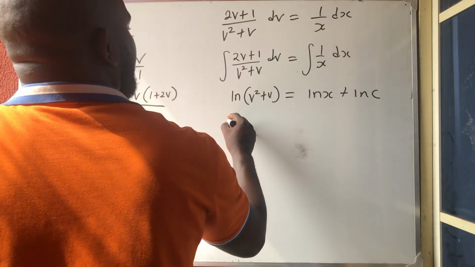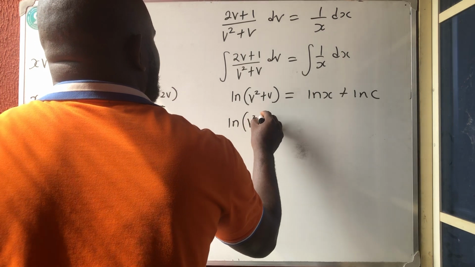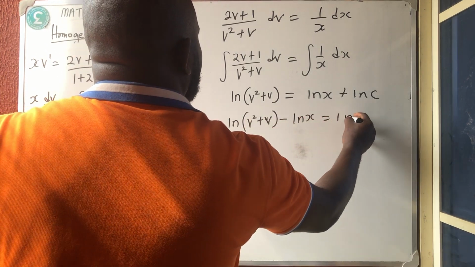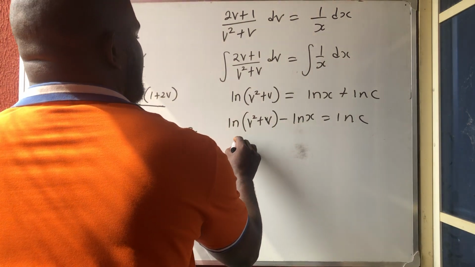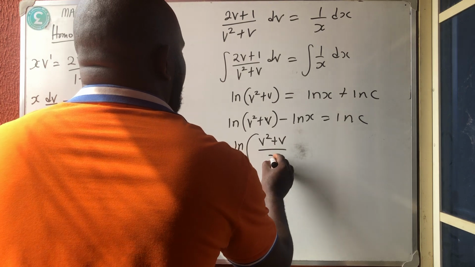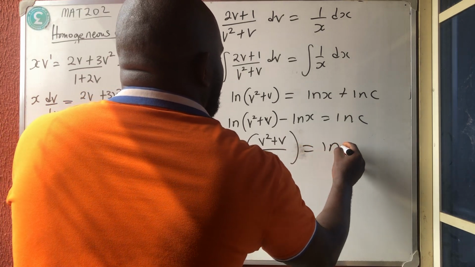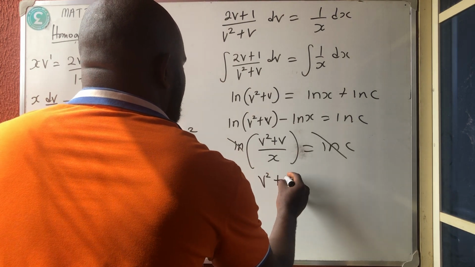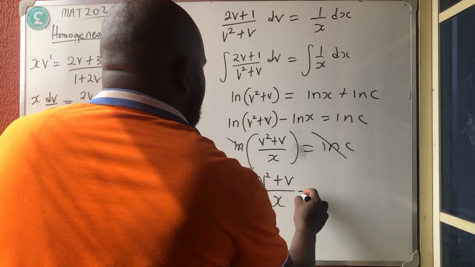So this can come here to have ln (v squared + v) minus ln x is equal to ln c. By the law of logarithm, ln of (v squared + v) all over x is equal to ln c. ln takes care of ln, so I'm having (v squared + v) all over x is equal to c.